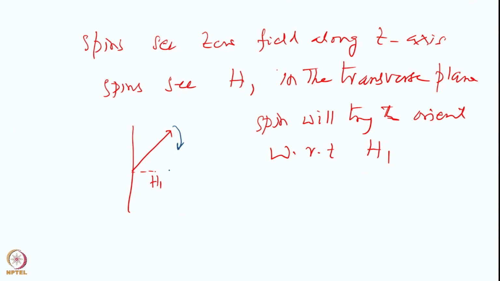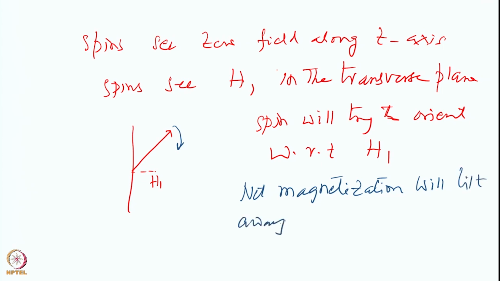The net magnetization will tilt away from the Z axis.